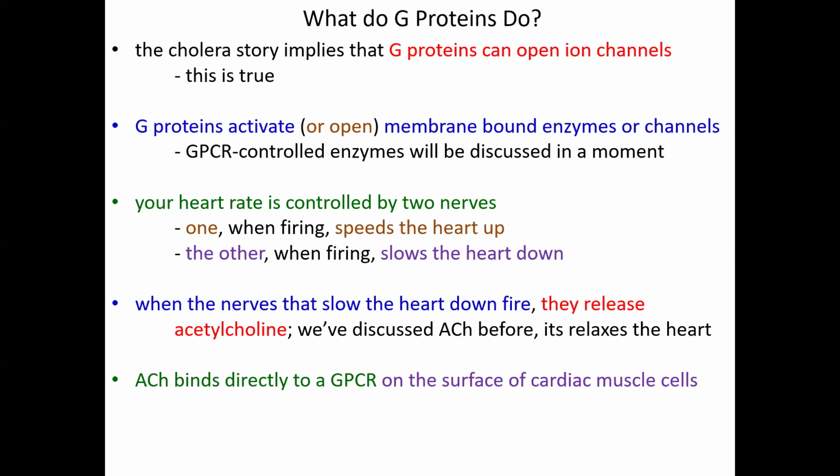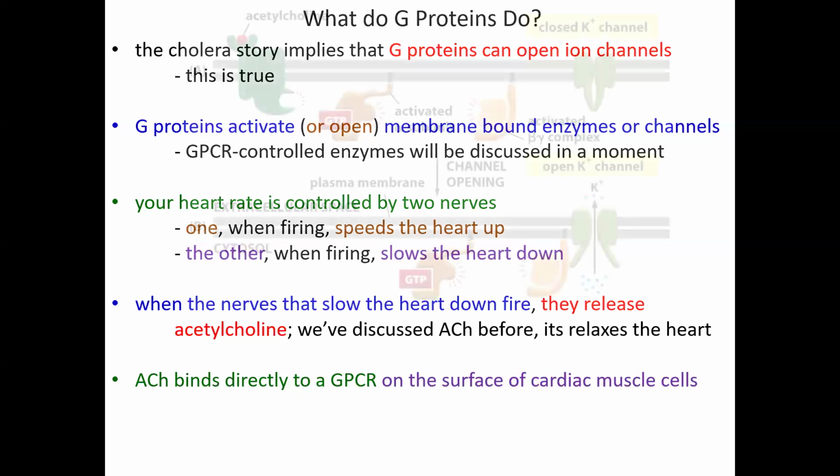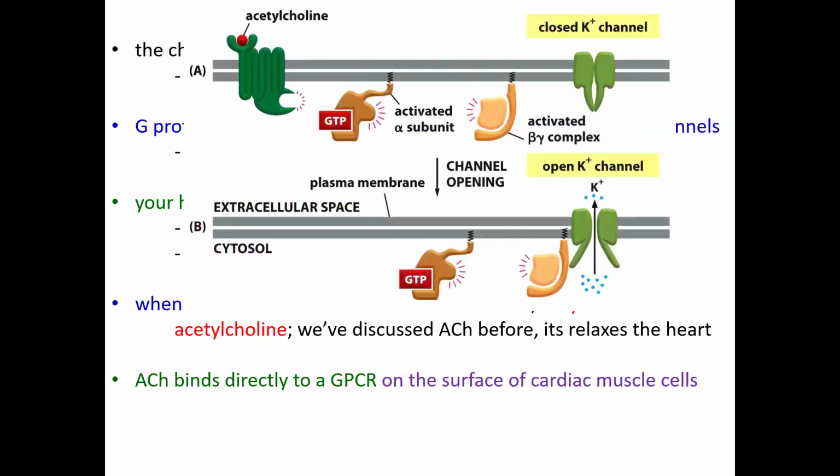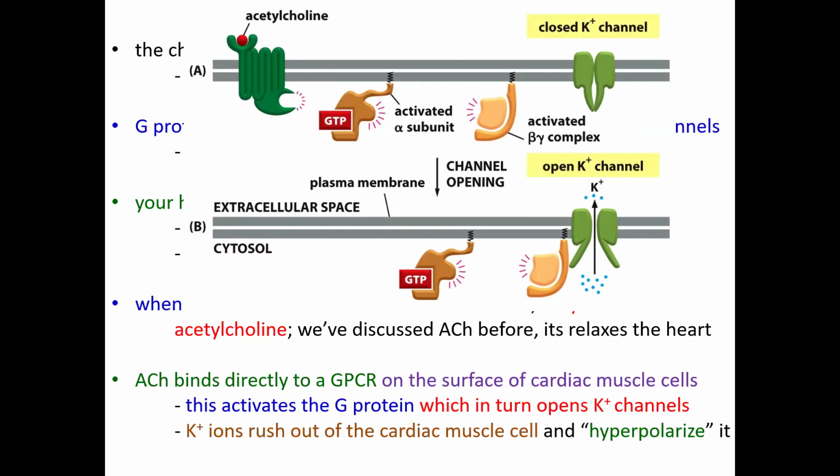Acetylcholine binds directly to a G protein coupled receptor on the surface of the cardiac muscle cells. And when that binding occurs, the activated G protein coupled receptor opens a potassium channel. So potassium goes rushing through the channel. As potassium leaves, the cardiac cell becomes hyperpolarized. It gets more and more negative inside the cell.